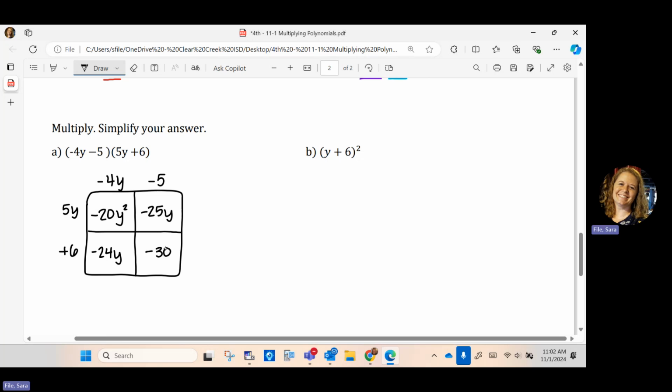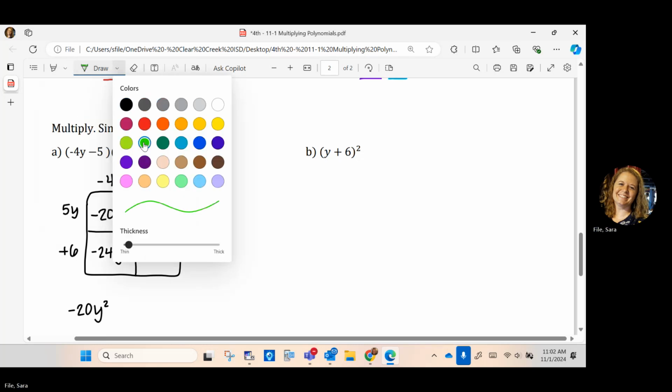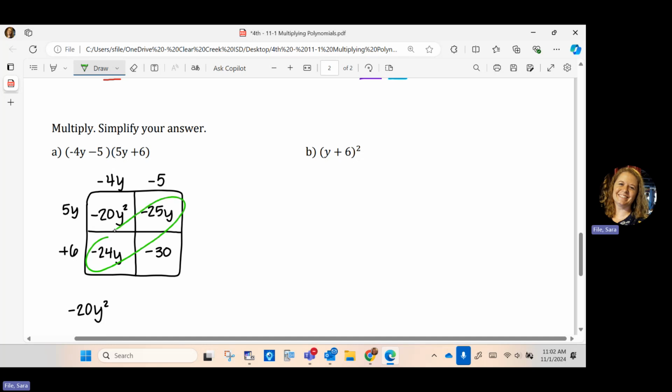So are there any other y squared terms, or is this the only one? So just negative 20y squared. But there are multiple y terms, so I need to combine those. So that is negative 49y.